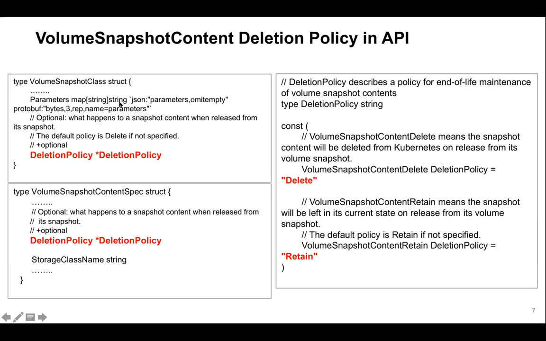So if you do dynamic provisioning, for example, you transfer the policy from the volume snapshot class to the volume snapshot content spec, right? So that's one. And then if you're talking about topology, a lot of places have that information: scheduling, the controller, the driver.